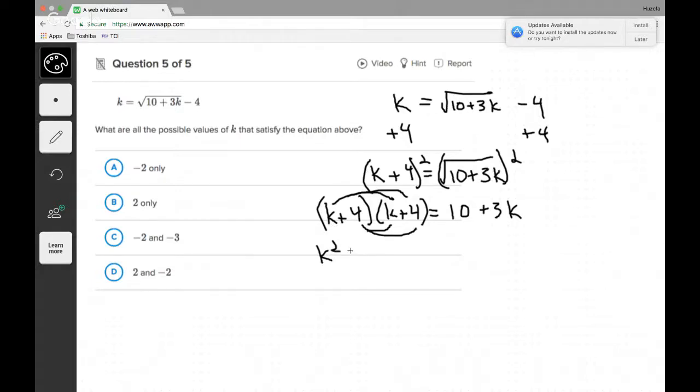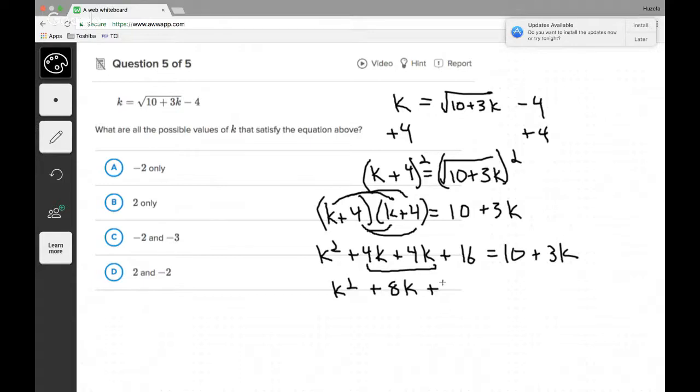K times 4 is 4k, plus again inner, which is 4k, plus last, 4 times 4, which is 16, equals 10 plus 3k. We're going to add these two because they're like terms. We get k squared plus 8k plus 16 equals 10 plus 3k.